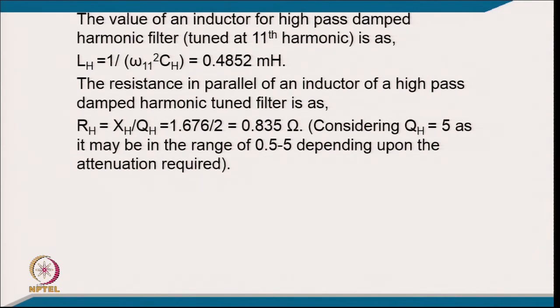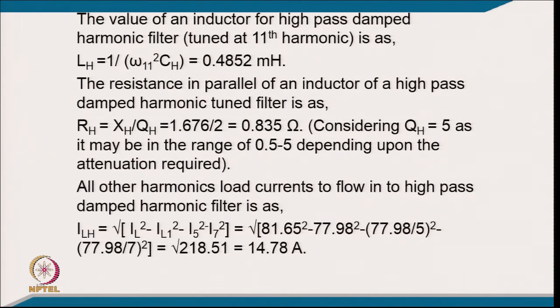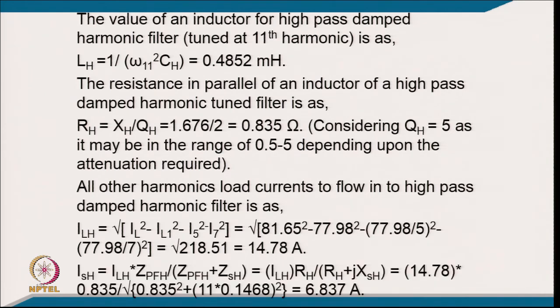The resistance in parallel with the inductor for the high pass damped filter is equal to XH upon QH. So, taking a quality factor of 2 and putting the value, it comes 0.835 ohm. All the harmonic load current is assumed to flow into the high pass damped filter. So, we can find the higher order load harmonic current equal to the root of IL square minus IL1 square, IL5 square, IL7 square, and keeping the value, it comes 14.78 ampere.